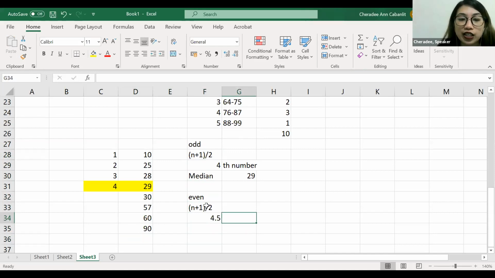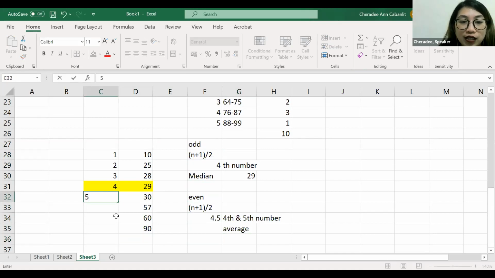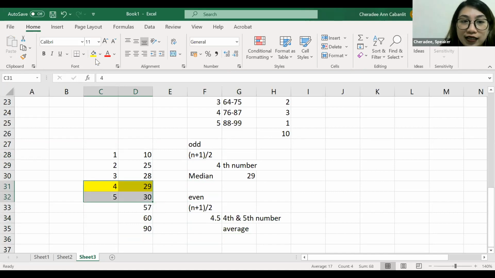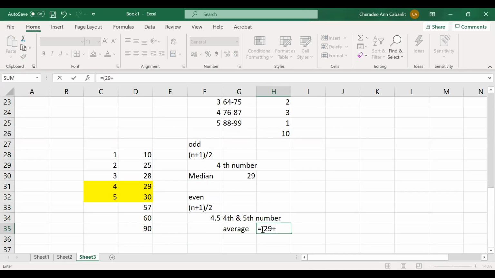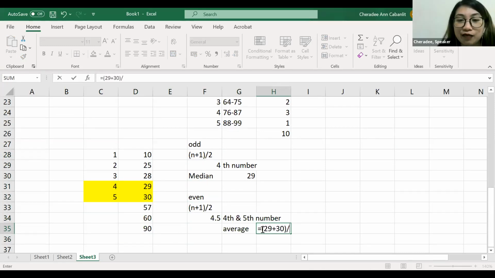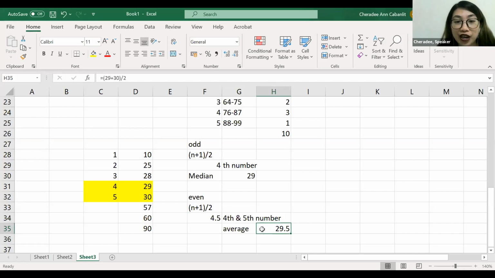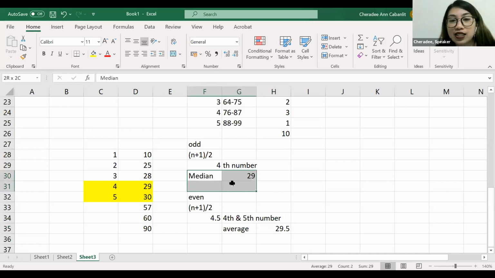Meaning you're going to get the fourth and the fifth number and then average. These two. So you just average the two: 29 plus 30 divided by 2 is 29.5. So you notice they have different medians.